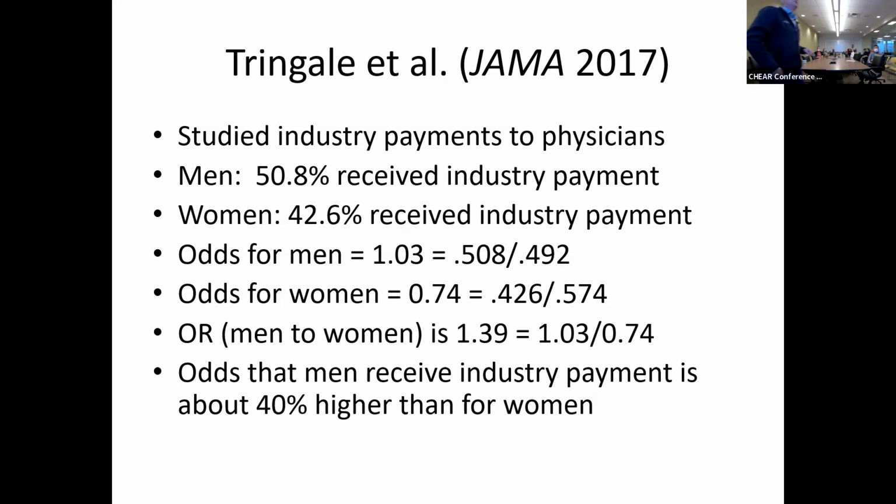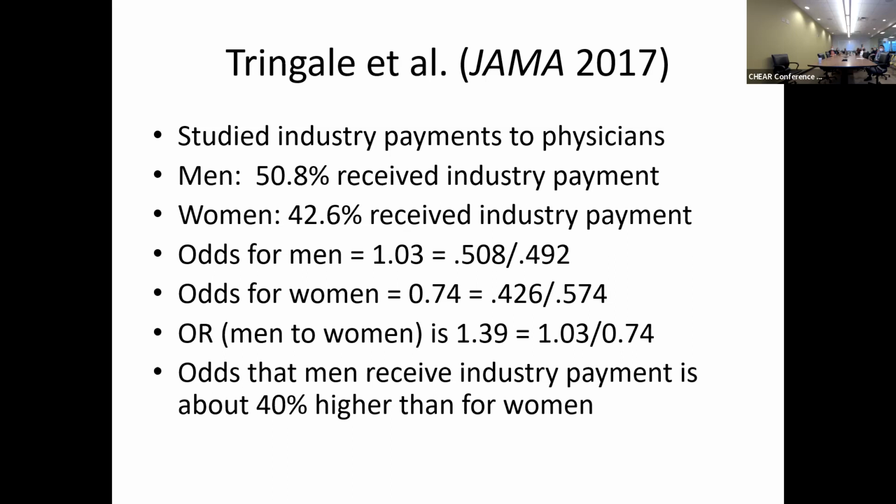So we can take these two simple probabilities, no adjustments yet for covariates, and just plug them into our formulas. The odds for men, this is just over 50%, so the odds are going to be just over 1. The odds for women are less than 1, so 0.426 divided by 1 minus that.